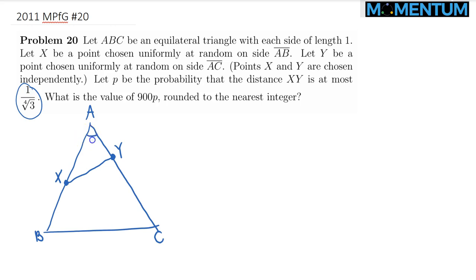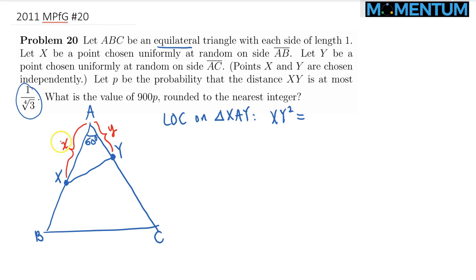So we can use a standard law of cosines type of argument. This angle is 60 degrees because our triangle is equilateral. A law of cosines on triangle XAY will tell us the desired distance squared XY². Let's call this distance AX little x and this distance little y, in line with the official solution.